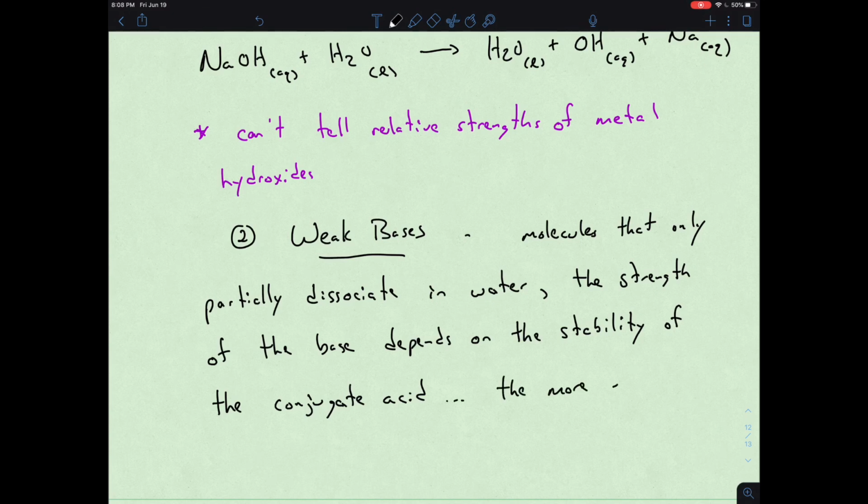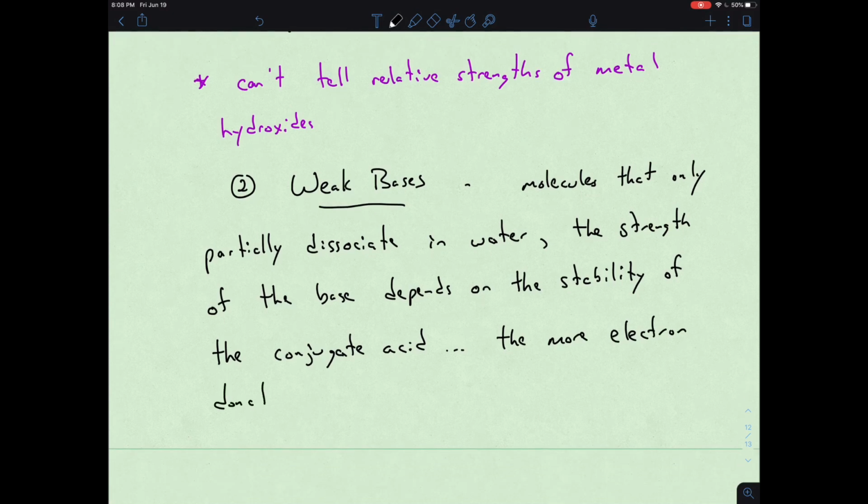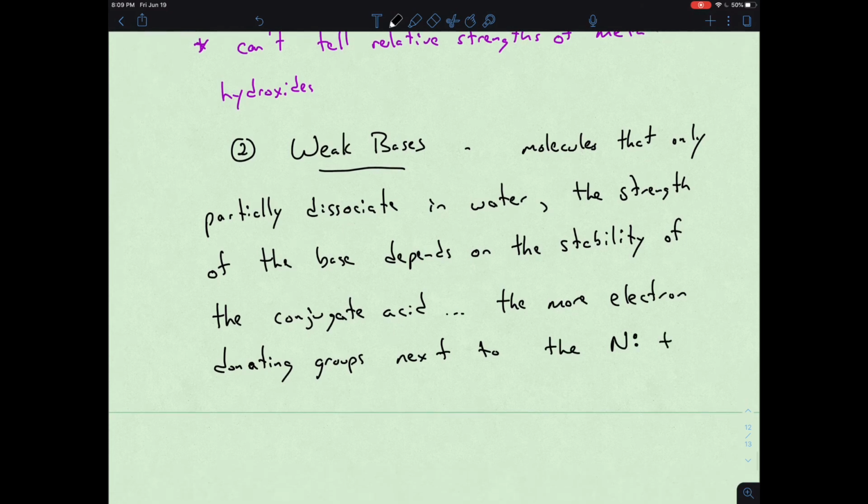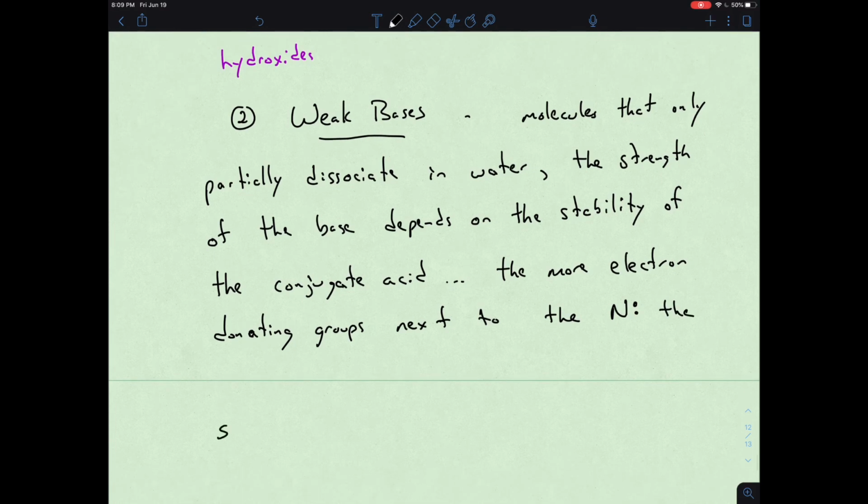The more electron donating groups next to the nitrogen, the stronger the base.